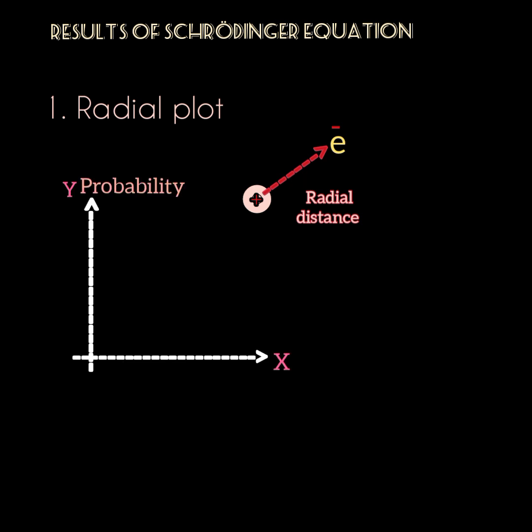We take the probability, psi square, on the y axis, and the radial distance r on the x axis. This plot tells the probability of finding the electron some distance from the nucleus.